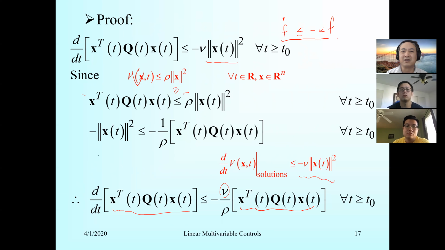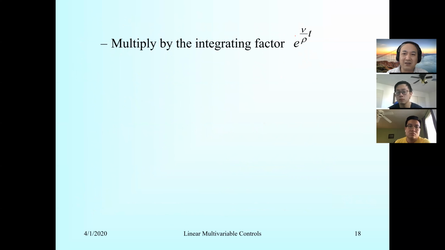Is this familiar? So what is f? If it is equal, then you know that f is e to the power of minus alpha t. Here we are doing some tricks. We multiply by the integrating factor on both sides.